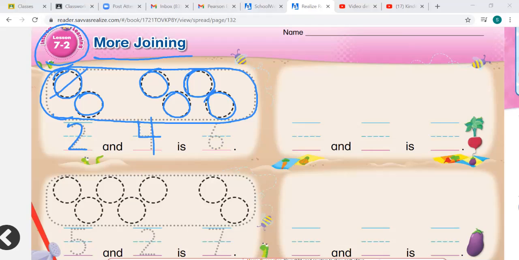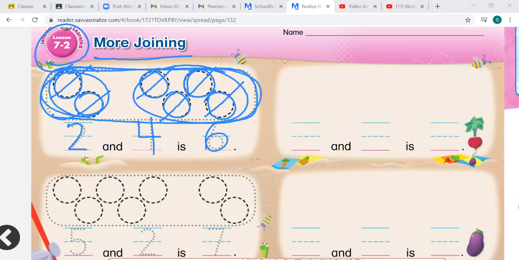Let's count. 1, 2, 3, 4, 5, 6. 2 and 4 is 6. So we had 2 groups, one group of 2 and one group of 4, but we joined them together and now we have 6. So 2 and 4 is 6.